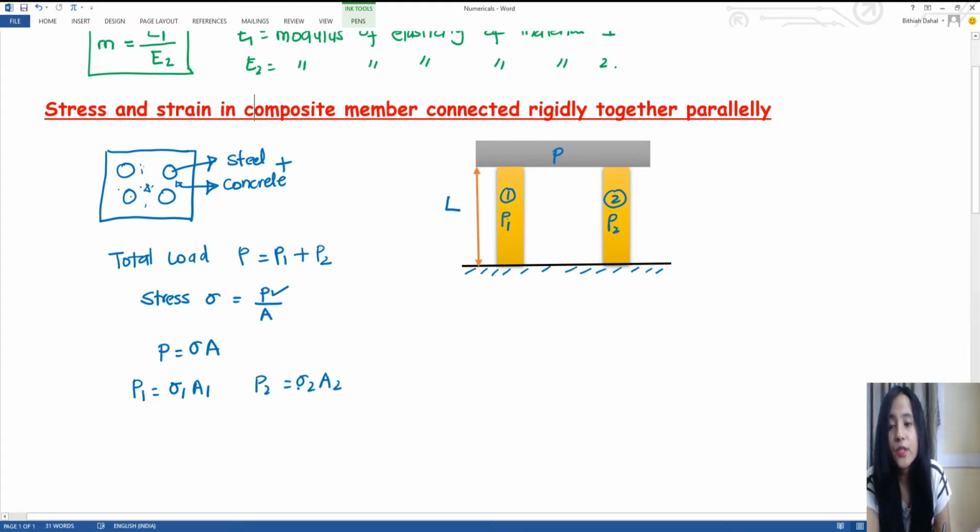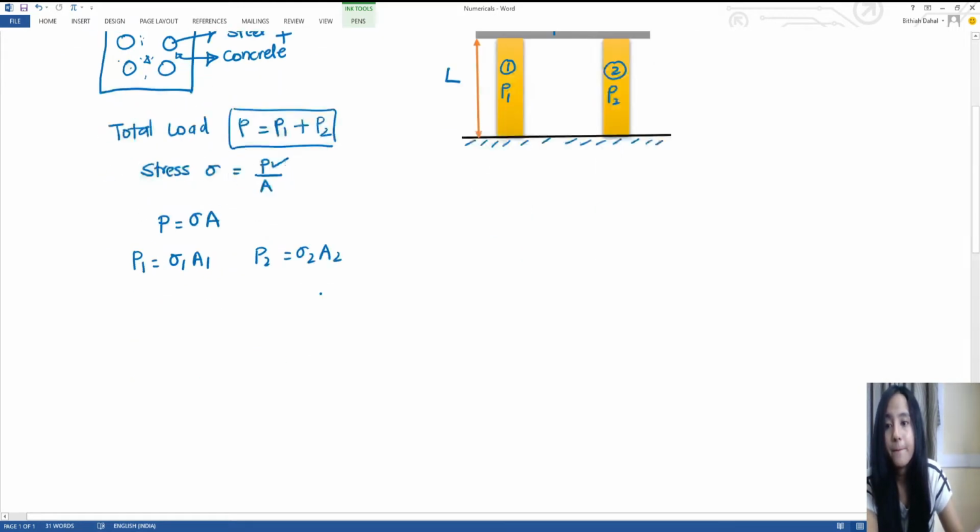Substituting the values of P1 and P2 in this equation, we get P equals sigma 1 A1 plus sigma 2 A2. So we get this equation here.